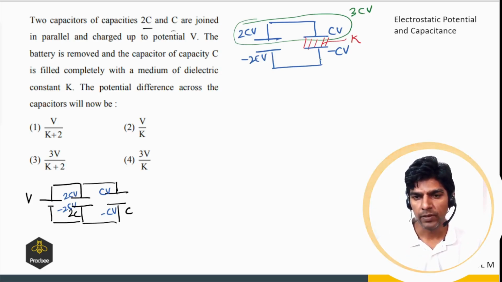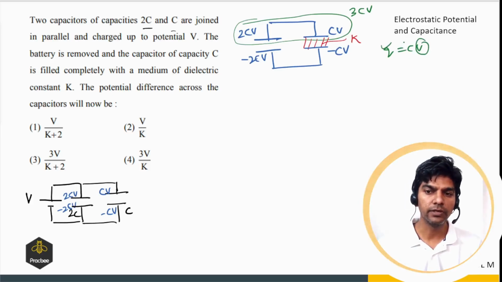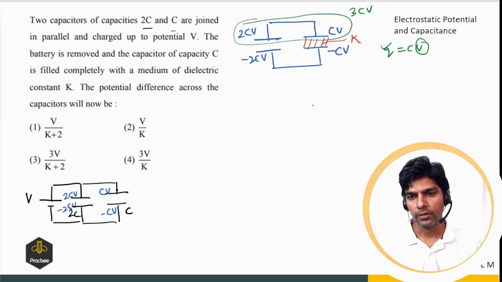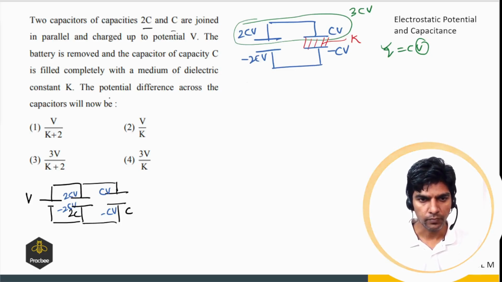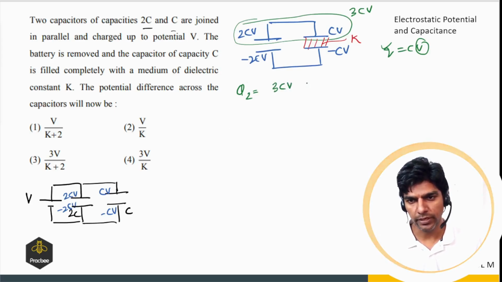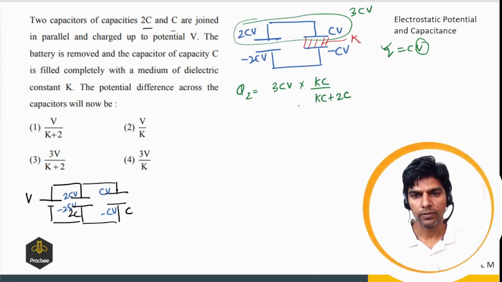So we can say Q is equal to CV. For the same potential, charge will be proportional to the capacitance of the capacitor. So we can say the final charge on the right capacitor, let me call this Q2, will be total charge 3CV on the system times KC divided by KC plus 2C, right? So that is the final charge.